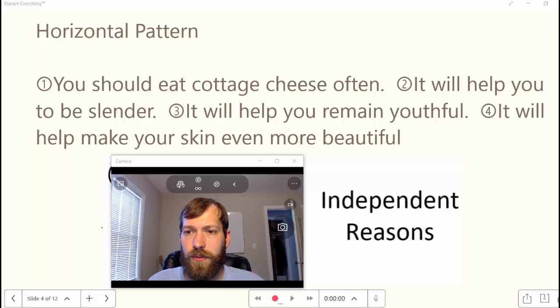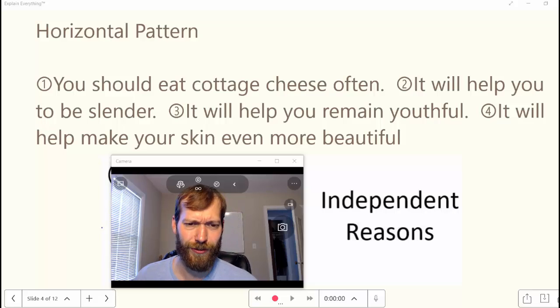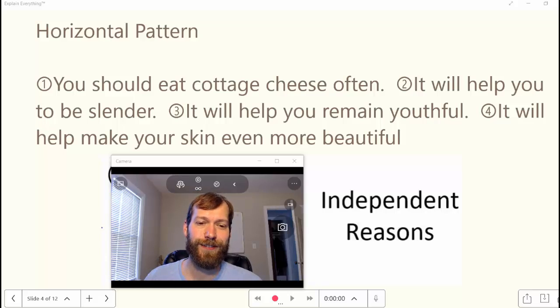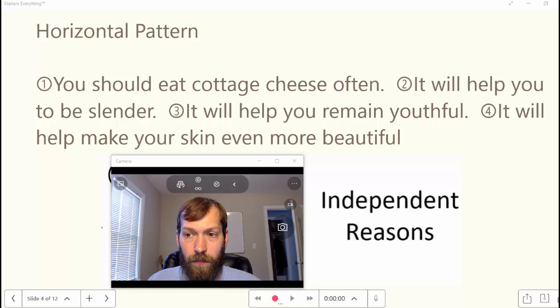And the same thing with 3, if we took 2 and 4 away. So if we just think about it will help you remain youthful, if that's presumably a good thing, and I'm going to assert that it is a good thing now that I'm getting older myself, that would be evidence that you should eat cottage cheese. Same thing if we get rid of 2 and 3 and all we have is 4.